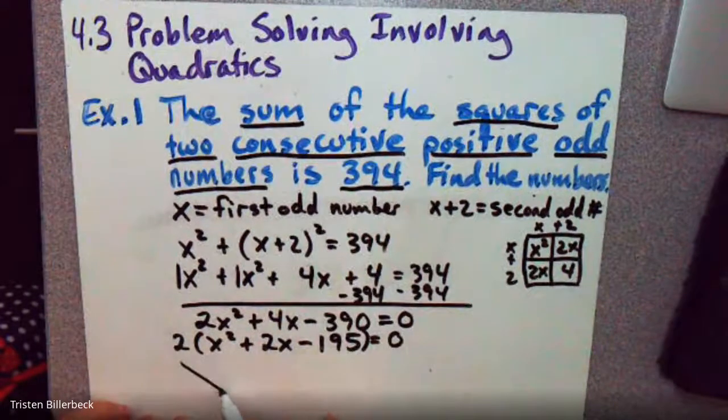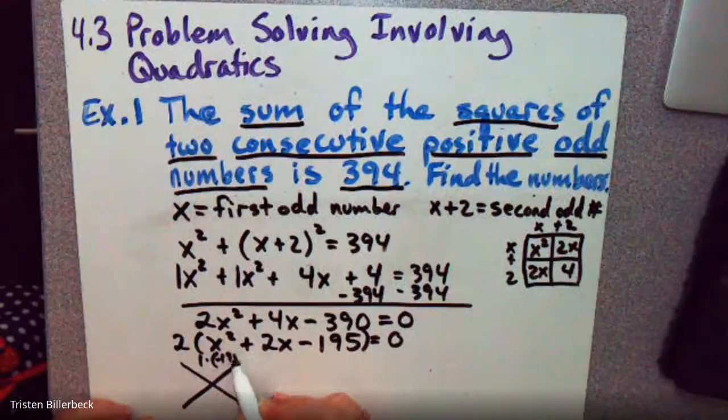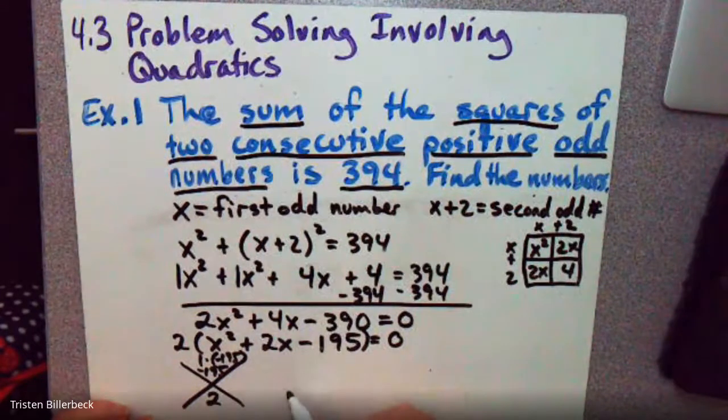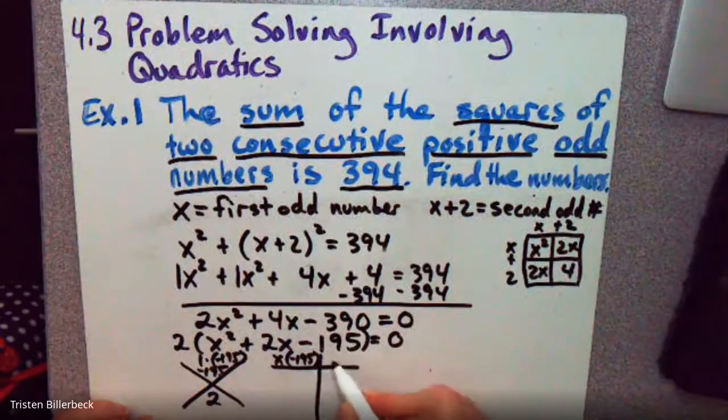All right, so now we factor this. So we have the diamond. So there's a 1 here, so 1 times negative 195 is just negative 195, and we have 2x here. So these numbers are very close together because they're only 2 apart. One is positive, one's negative. So if we look at that really quickly, we have multiplies to be negative 195, adds to be 2.